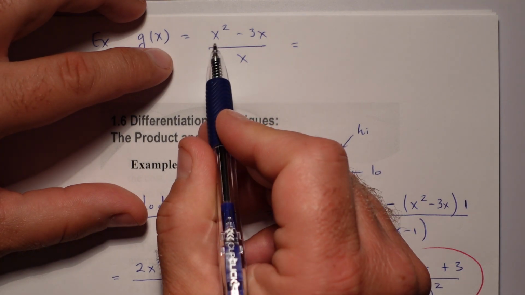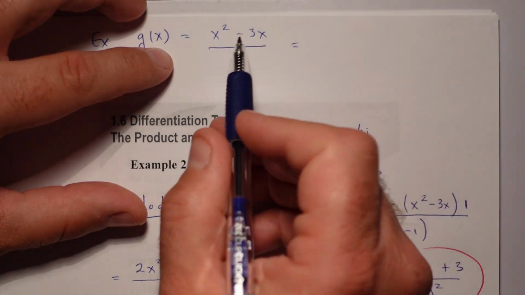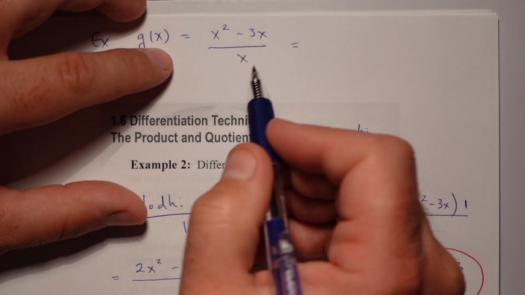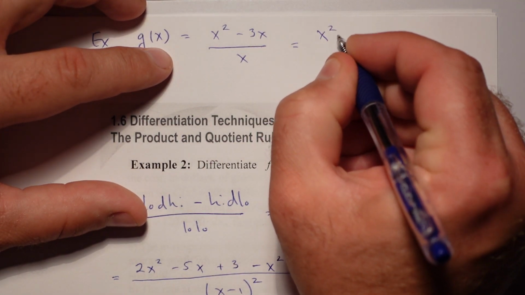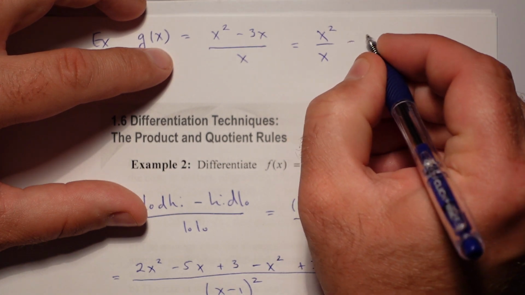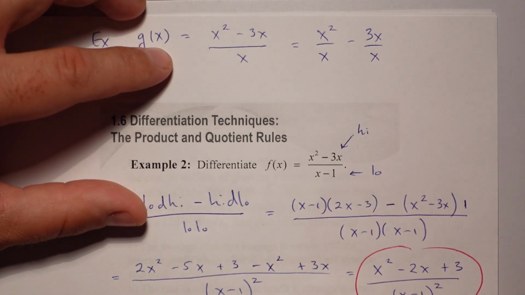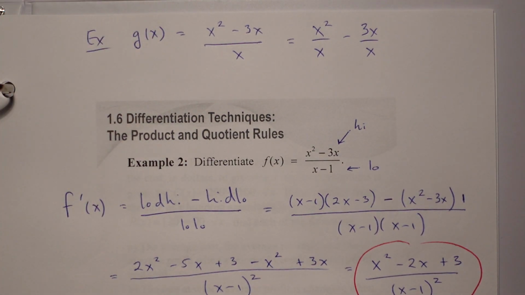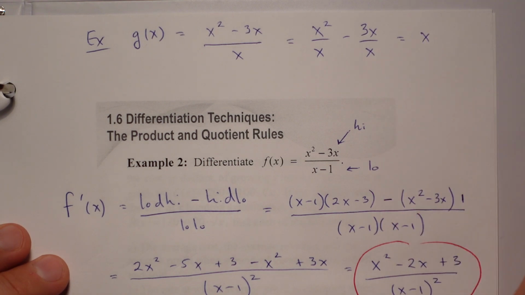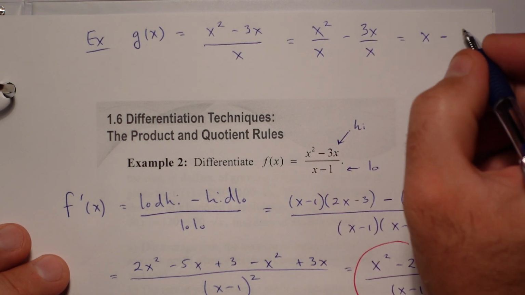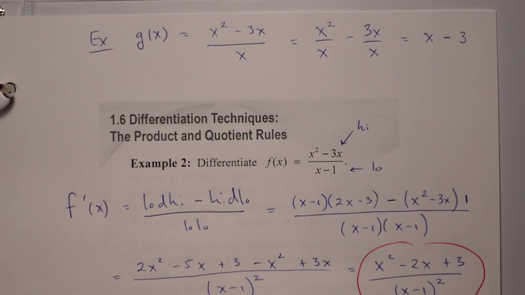If that's a monomial, you can split this fraction into 2 separate smaller fractions, keeping that common denominator. In this case, I'd write x squared over x minus 3x over x. Notice each one of those individual fractions simplifies further. So x squared over x is just x, minus 3x over x is just 3.